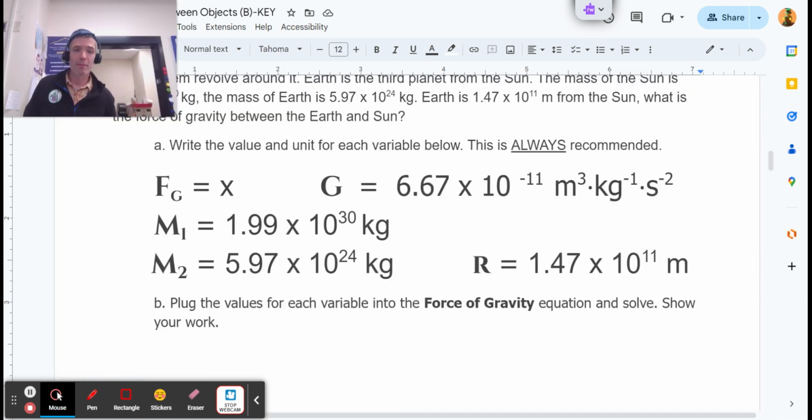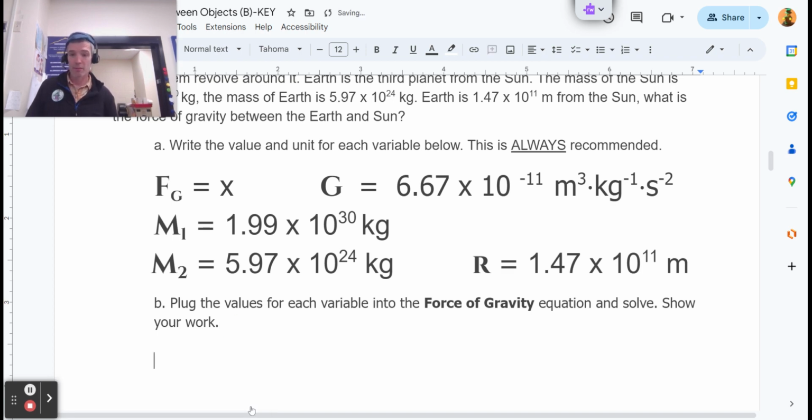Okay. Now I made it bigger. All right. Just to show you, easier to see. All right. Now I'm going to plug these variables into the force of gravity equation and solve. So what that would look like is F, G, or it could be X, is going to be equal to the gravitational constant.